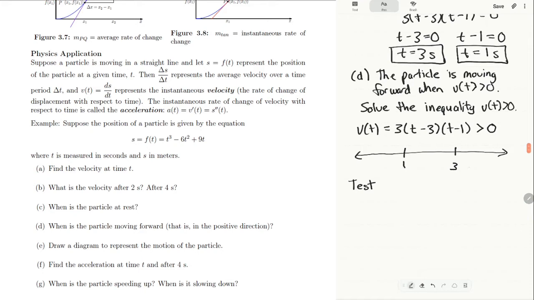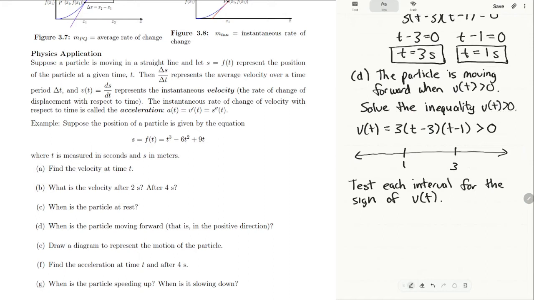So now what we'll do is test each interval for the sign of the velocity function.